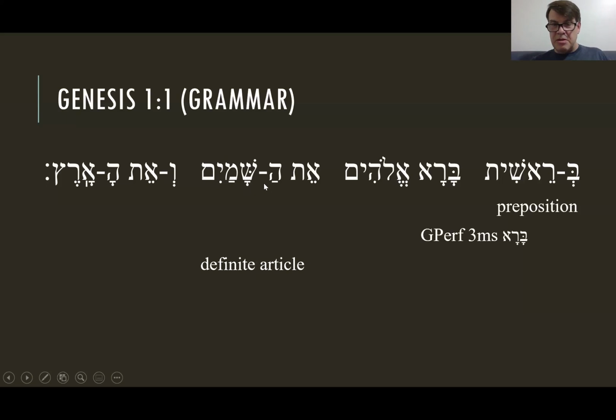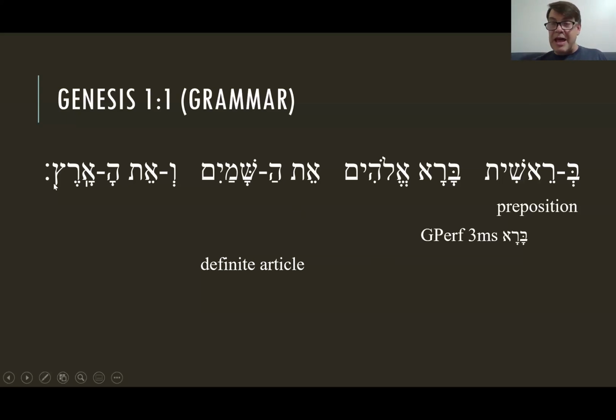Oh, yeah, it has the word the on it, the word the is called the definite article. In English, the indefinite article is a. Hebrew doesn't have a word for a of that sort. But it does have a word for the. So this is the heavens. The skies would be more accurate. In the beginning, God created the skies.